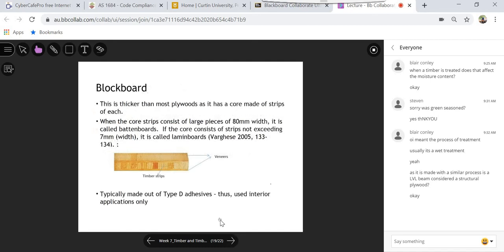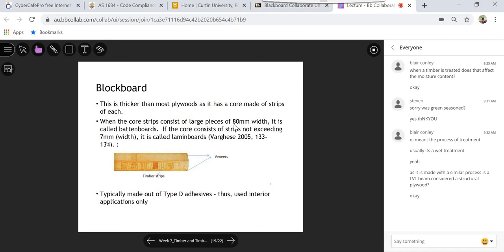Then we have another application called blockboard. In blockboard, we don't have layers. What we have is actually strips. So in blockboard, we have a core, which is made out of strips of timber, then layers. Then we have two faces we call veneer. The purpose of veneer is actually to make a good appearance, especially.